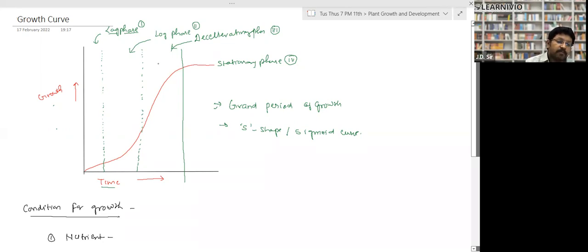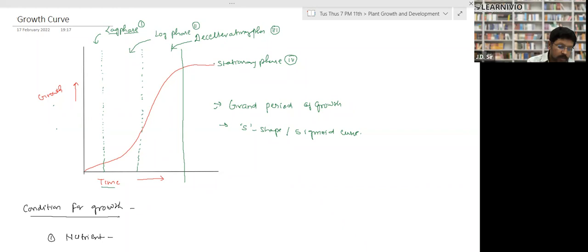After some time, this is the decelerating phase. After reaching maturity, the growth rate will decrease. And at a particular time, the growth will become steady, it will become constant. So this is called stationary phase. So we have divided this growth curve into lag phase, log phase, deceleration phase, and stationary phase.